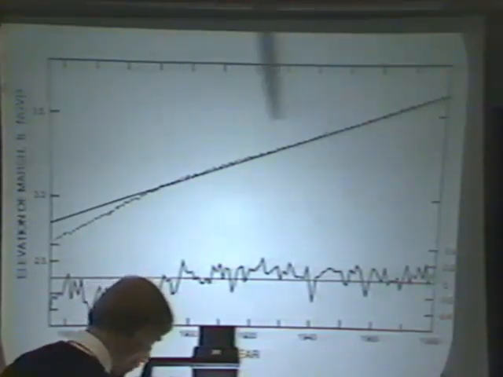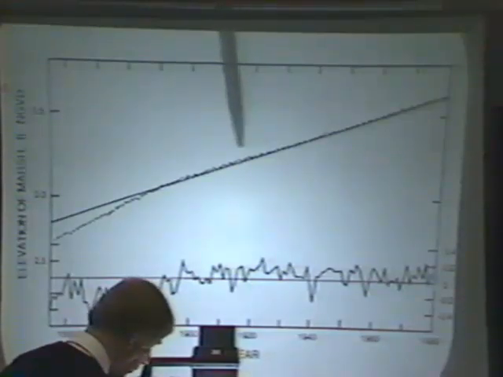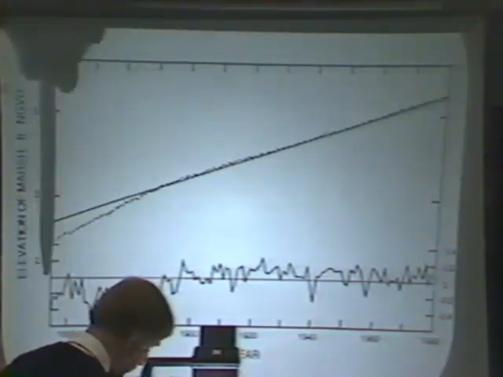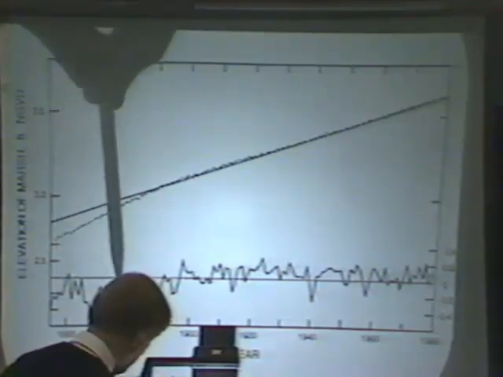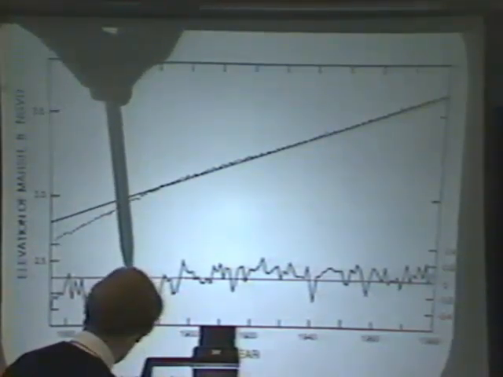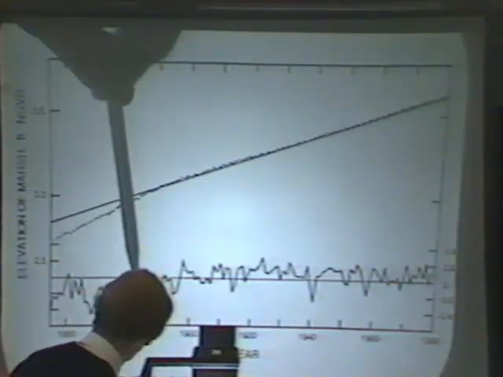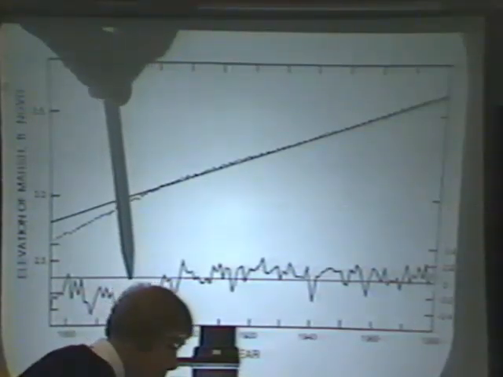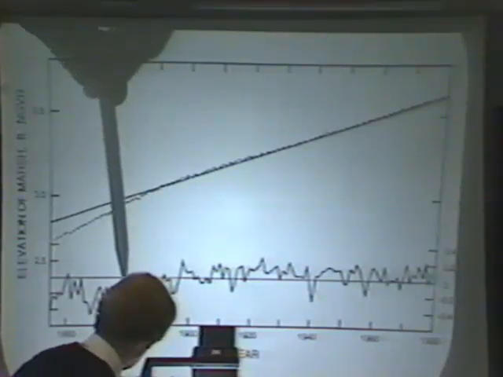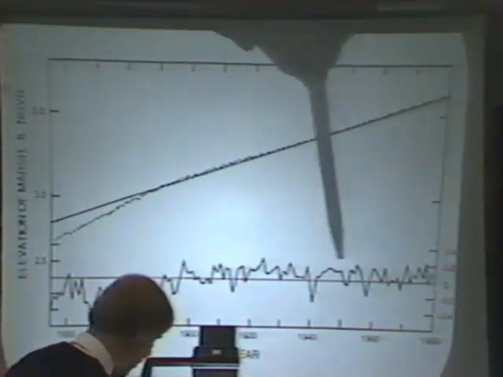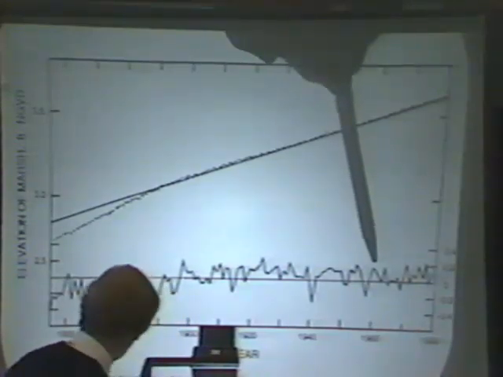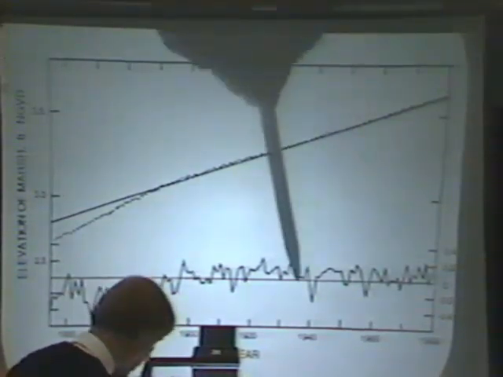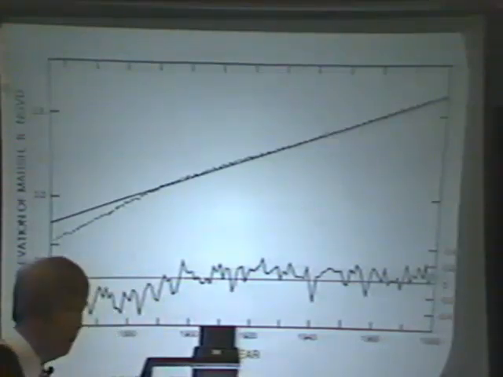If you compared the elevation of mean high water to the elevation of the simulated marsh, however, you can see that the marsh elevation was below mean high water during these early years when the rate of sea level rise was fast, and then was above mean high water during the remaining years. And the fluctuation is due, of course, to the fact that sea level was fluctuating during those years.